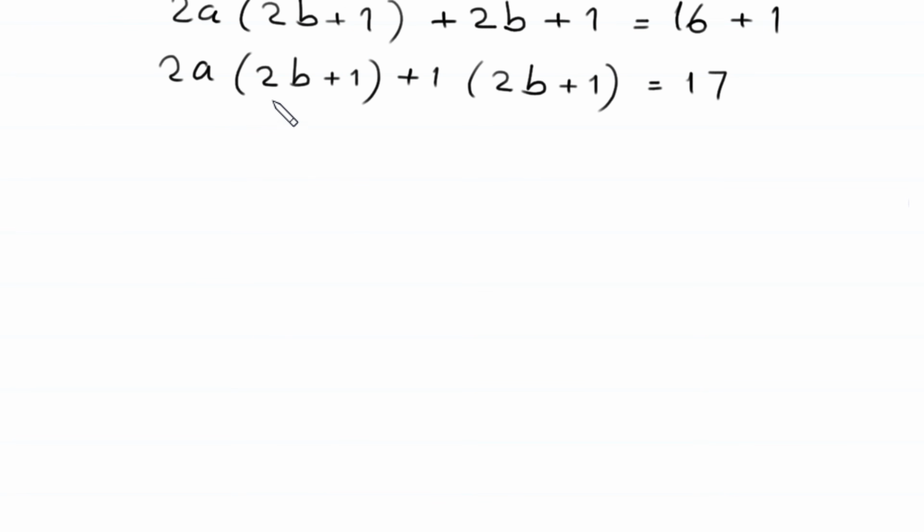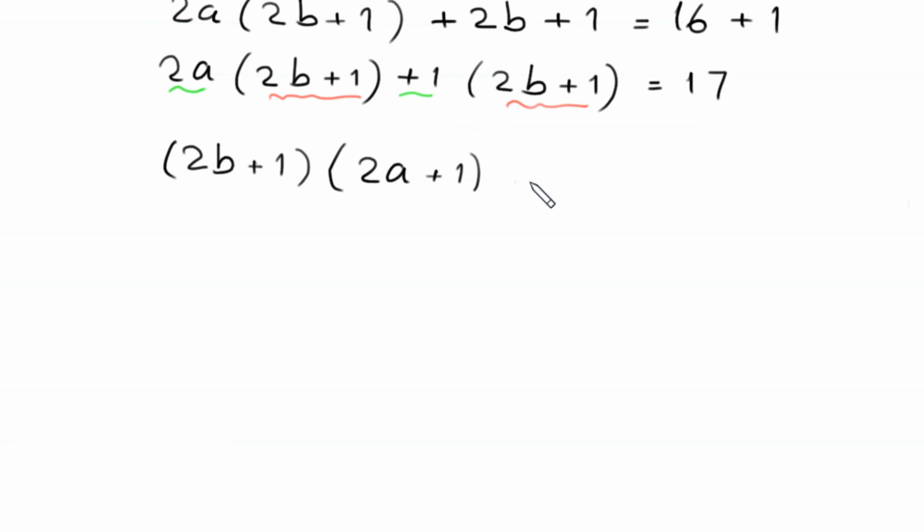Now as you can see, this expression 2b plus 1 is common, so we factor out this 2b plus 1, and in bracket left this 2a and this plus 1, in bracket left 2a plus 1 is equal to 17. Now we change the position of this 2a plus 1.